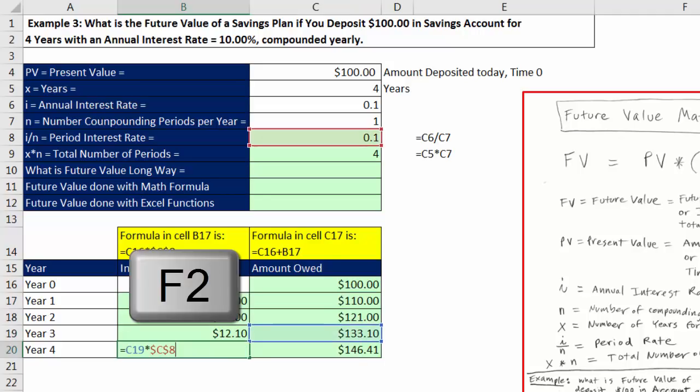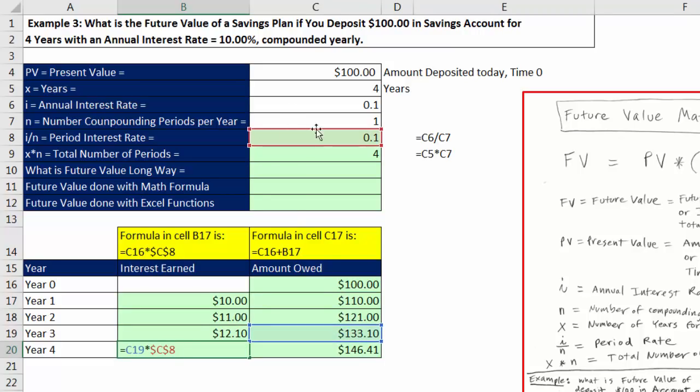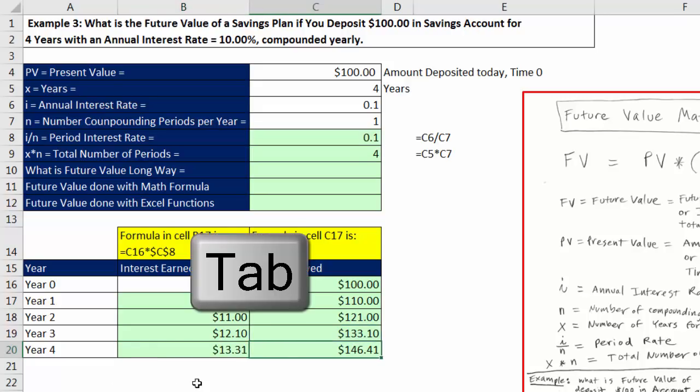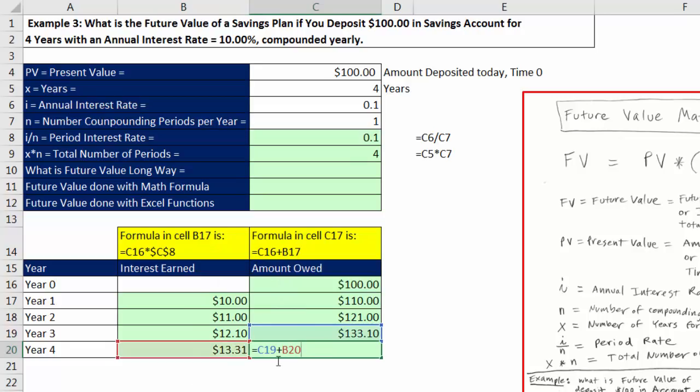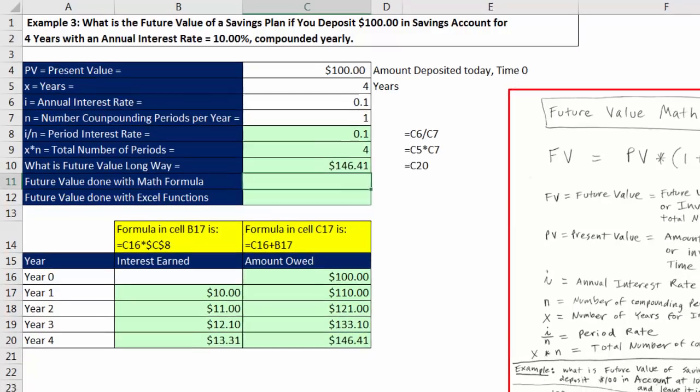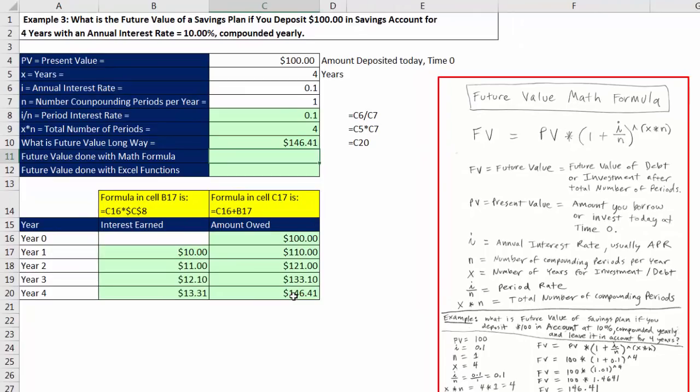Check the last cell, F2. It's got locked on the interest rate, and it's got the previous balance. That's perfect for our interest calculation. Tab, F2. That one's looking good too. Now the longhand future value equals, well, there it is. Enter. Now, that's the last time we're going to do that.